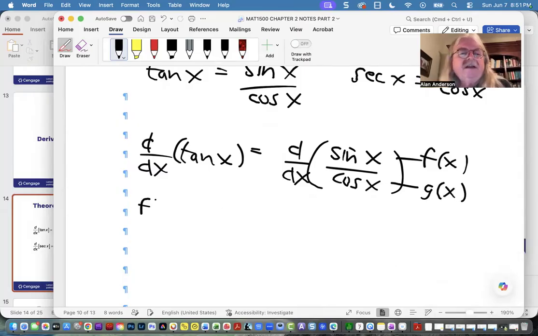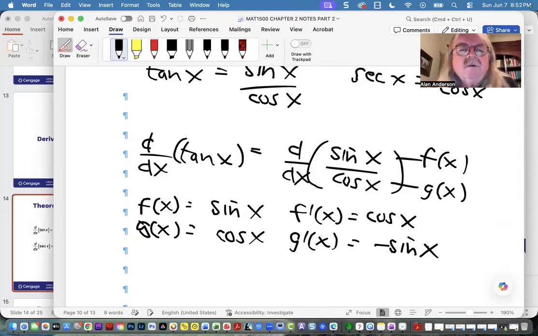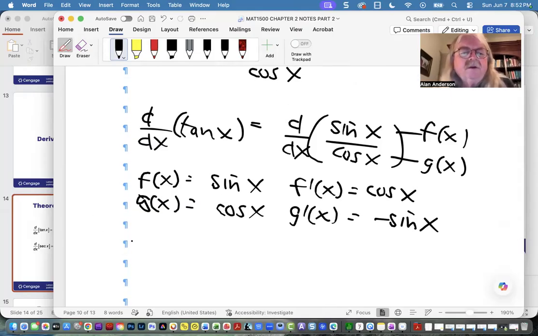So since f of x is sine x, f prime of x is cosine x. g of x is cosine x, which implies that g prime of x is negative sine of x. So because of the quotient rule, that is this.